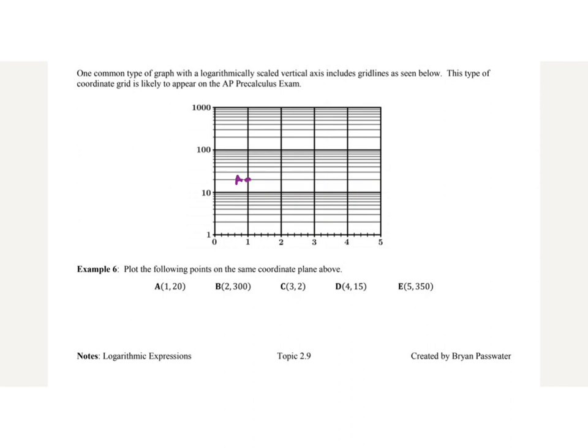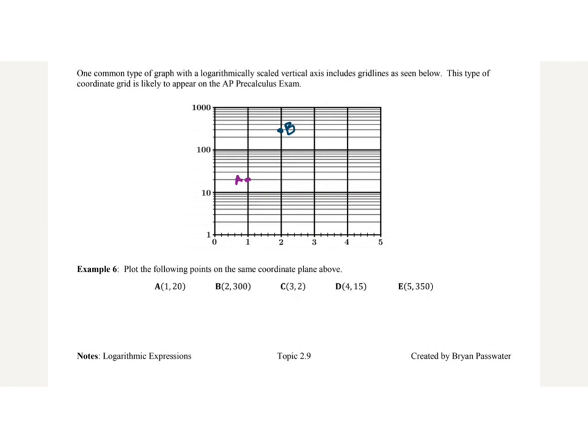I figured it out. Oh, it's a puzzle. All right, so 2, 300. I'm going to go over to 2, 1, 2, 3, 4, right here, 5, 6. Oh, that's actually kind of neat. This is point B. That's so cool. So I went up to 100, and then each one counts by 100, 200, 300, 400, 500.